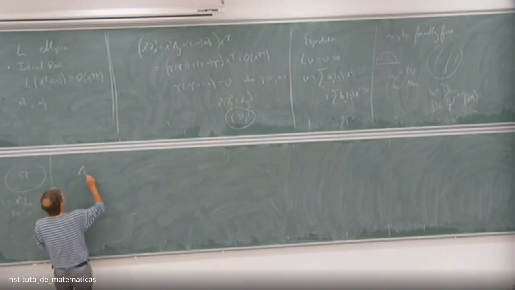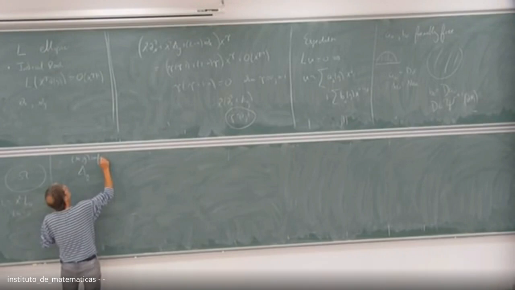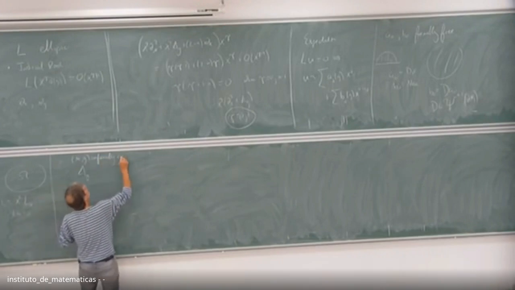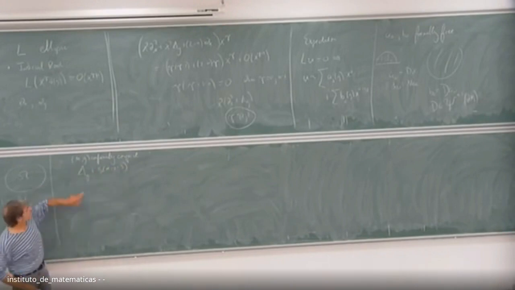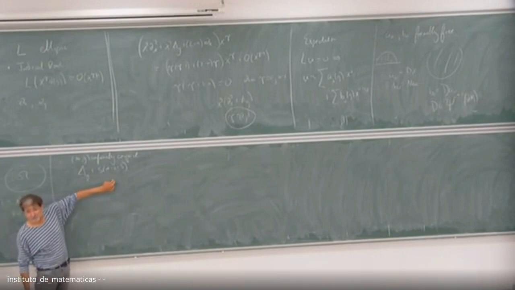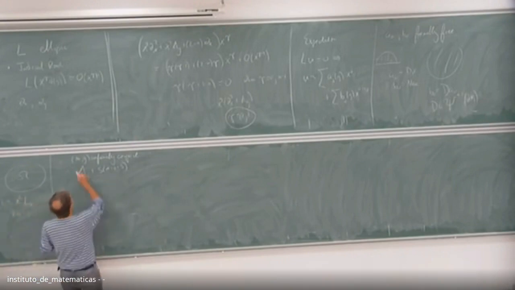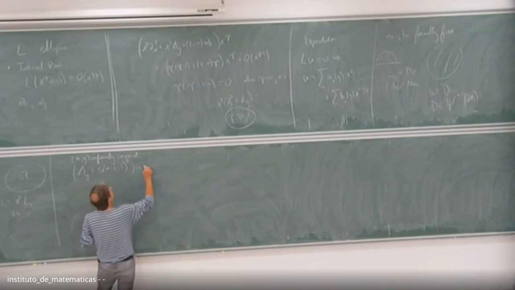So I take M, g conformally compact. Okay, I take this operator. So this is the Laplacian plus a spectral parameter. Okay, and I take solutions of this equals 0.